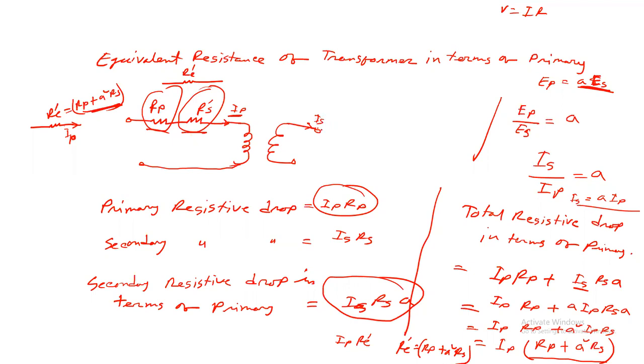A is the transformation ratio. So this is RP, plus this. RS prime is equal to A square RS, right?